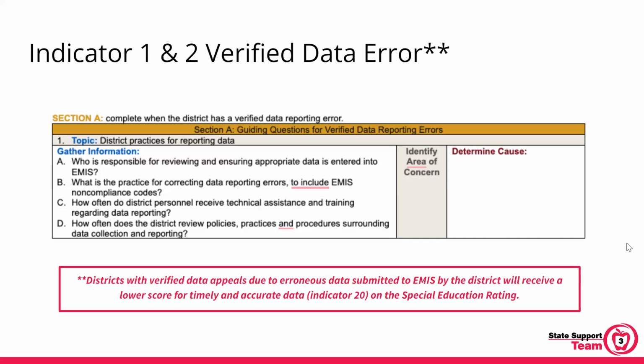So if you know you have a verified data error, but you also know that beyond that you have either not met a threshold or exceeded the threshold, you may want to consider whether you actually want to submit that form for a data error. Again, we're here to help you navigate that and talk that through, but it's important to remember that there is an additional consequence to your district through indicator 20 if you indeed have a verified data error.